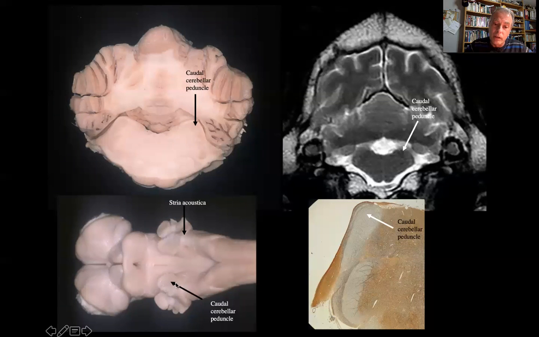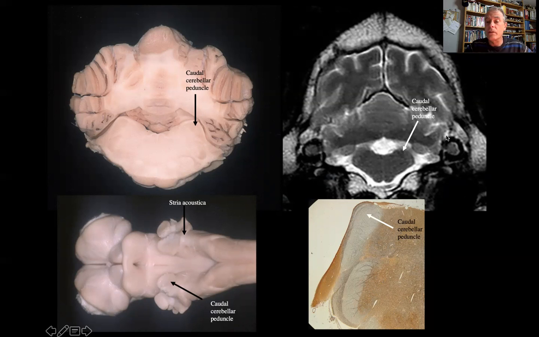Remember the caudal cerebellar peduncle. Remember this image from other lessons with the dorsal cochlear nucleus and the stria acoustica going on top of the caudal cerebellar peduncle. The stria acoustica is this one here.